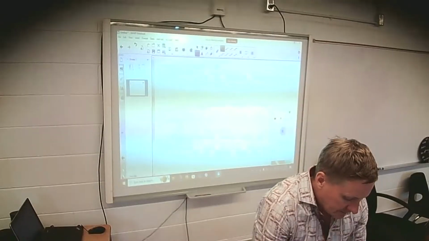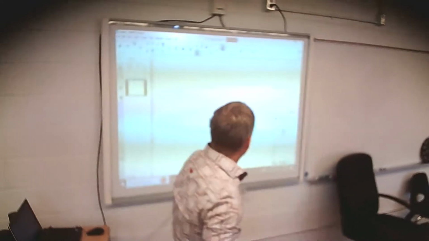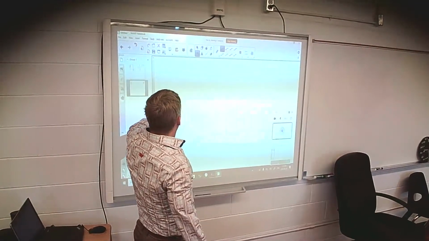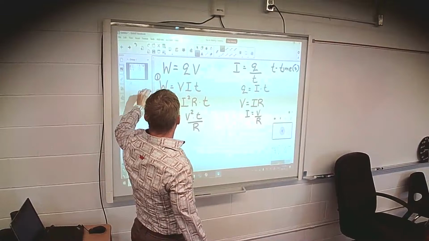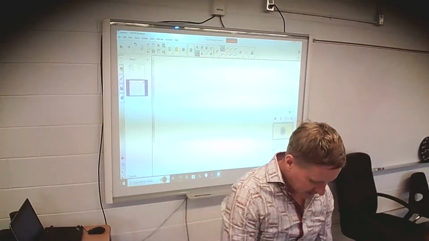So Joule's law: the heat developed in a conductor is directly proportional to the resistance of the conductor, the square of the current, and the time the current is maintained. That works off of V squared T over R, or I squared RT.